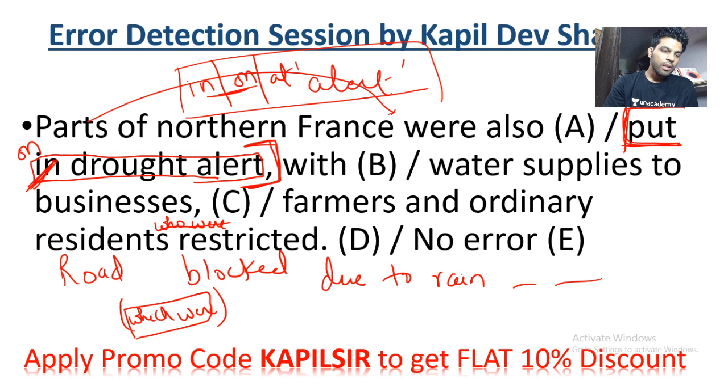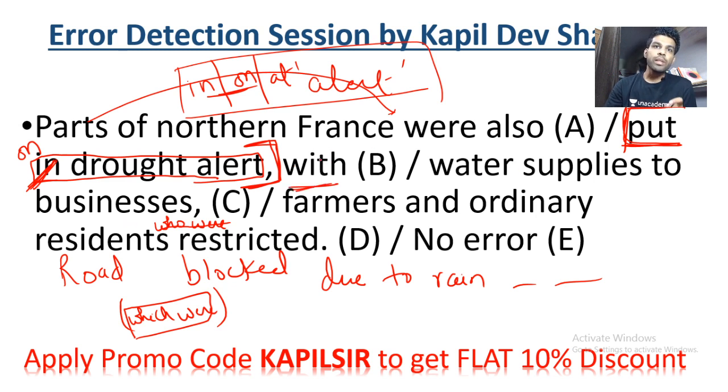Saksham is here. Welcome. That's the correct version, Ritu. That's how we say put something on alert. Put on alert, you have to say. With is what? Okay, I have to explain with. Parts of northern France were also put on alert with water supplies to businesses.